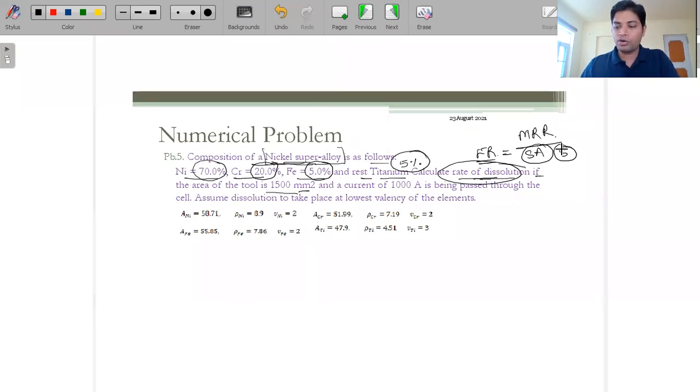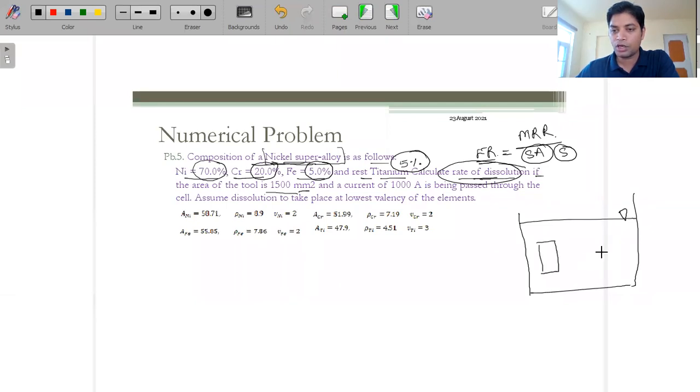But as I already discussed, if this is the container, and up to this level we have filled the electrolyte, and these are the two, this is the workpiece and this is the tool, and this is connected with the power supply. Okay, so this is the workpiece, which is the anode side, and this is the tool, which is the cathode side.